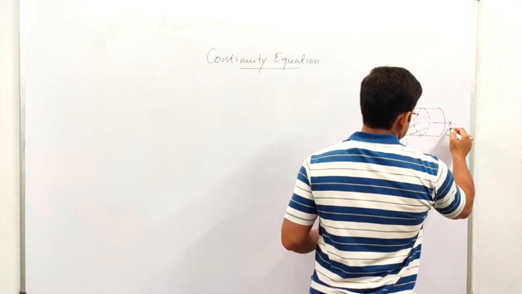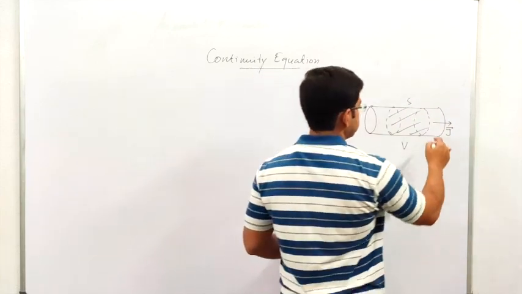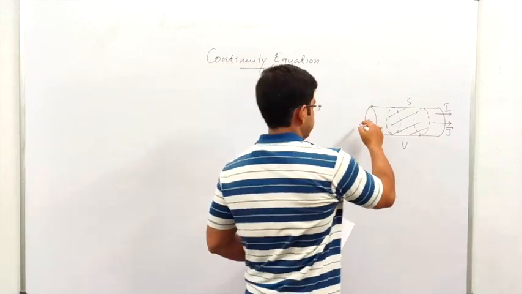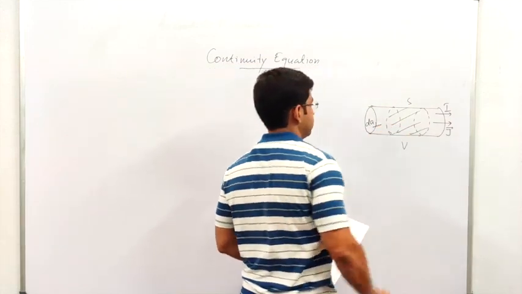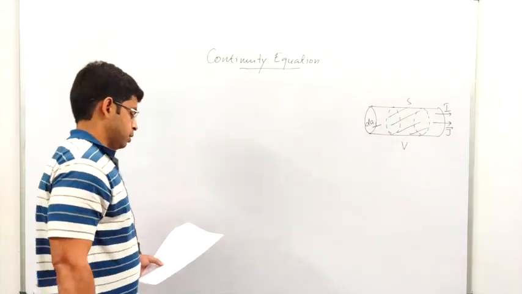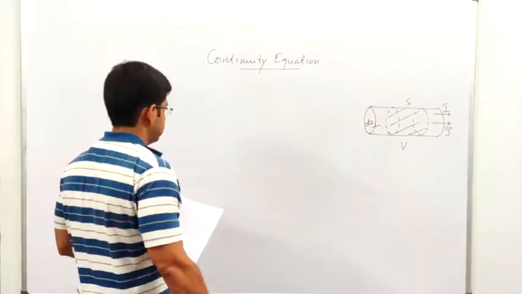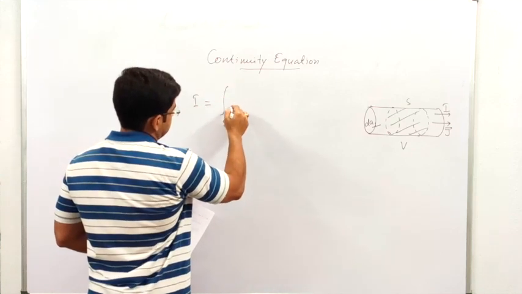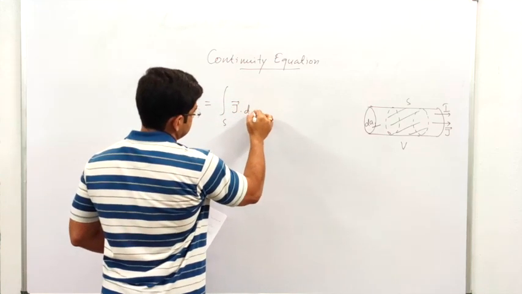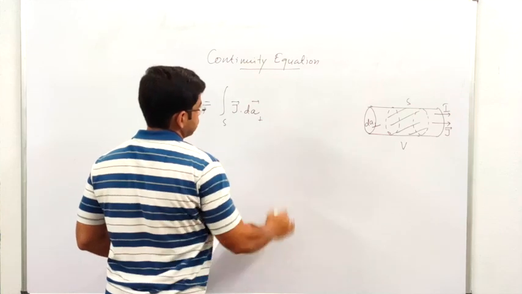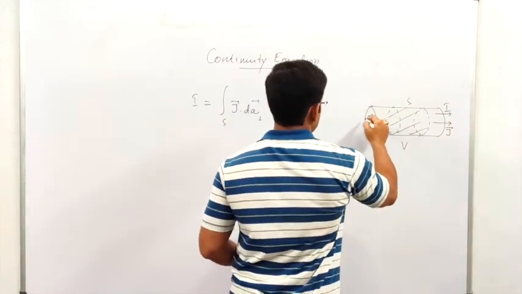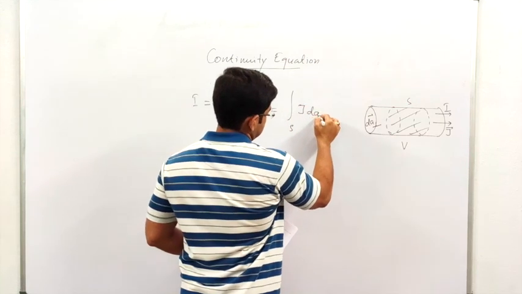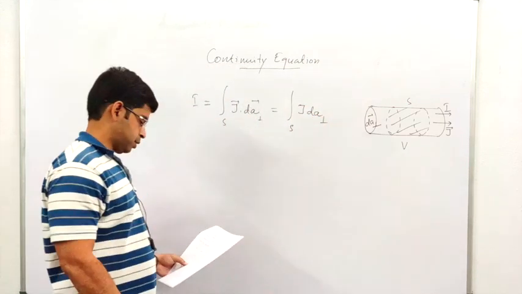Say J is the current density due to the current flowing through the conductor, and dA perpendicular is the cross-sectional area of the cylindrical conductor. So we can write current as the surface integral of J dot dA perpendicular, which is nothing but J dA perpendicular.